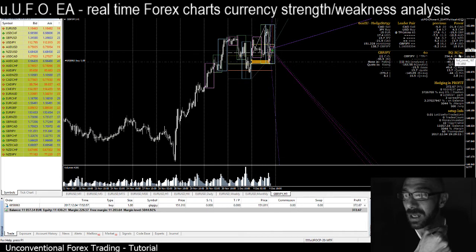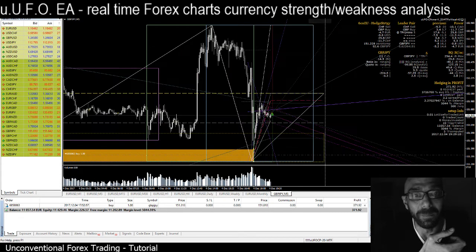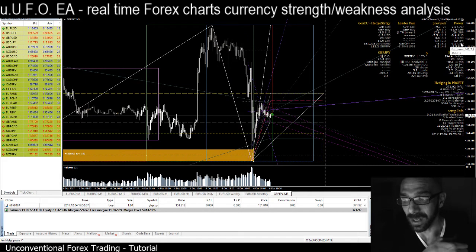And we have to take in considerations that there are other currency pairs that are available to be traded and to be substituting our actual currency that we are trading.